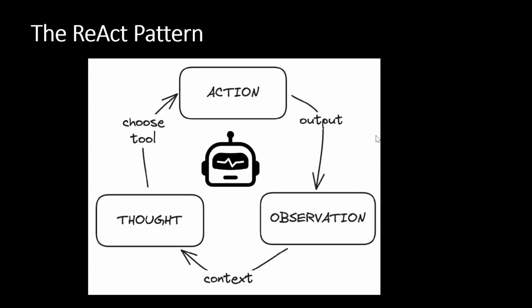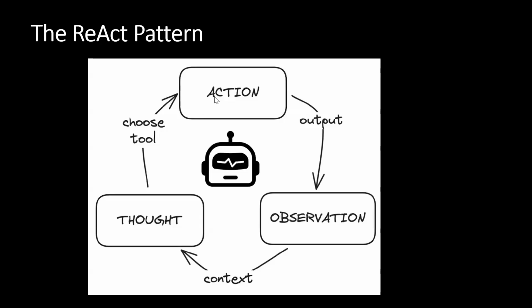Okay. So there is a loop basically, which we are trying to automate. What is the basis of this loop? There is a thought process which our LLM will do. When we ask any question, we want our large language model to think through that particular question. And then it will take some action.